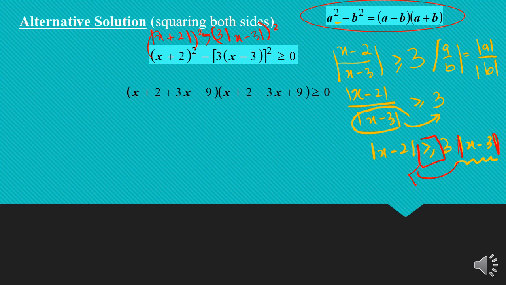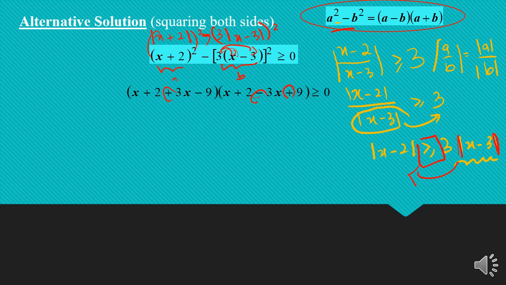Remember we can use the a squared minus b squared formula. So this is our a, this is our b. So a plus b and a minus b. So what we have is x plus 2 plus 3x minus 9, and then x plus 2 minus 3x plus 9, more than or equal to 0.